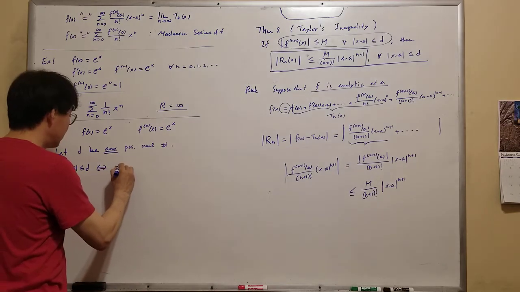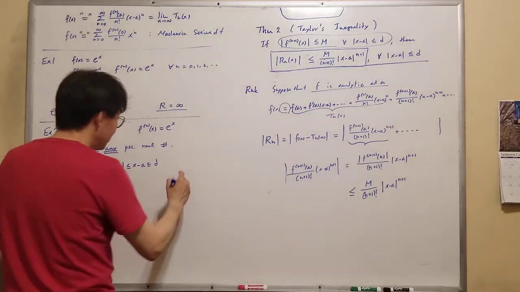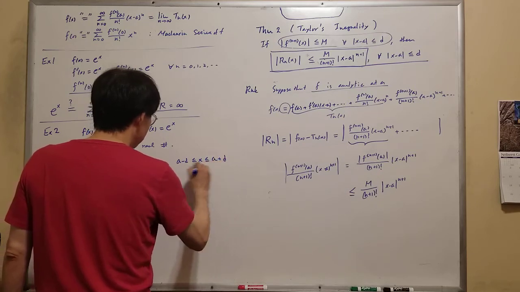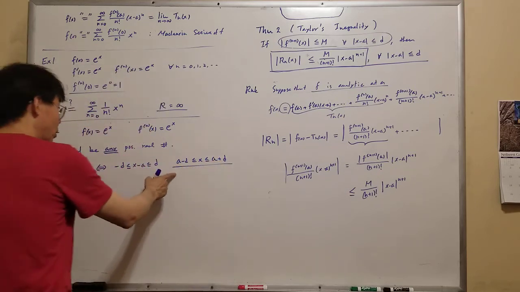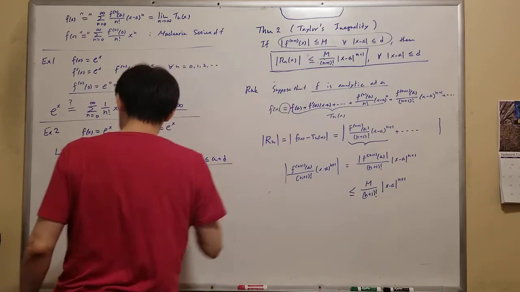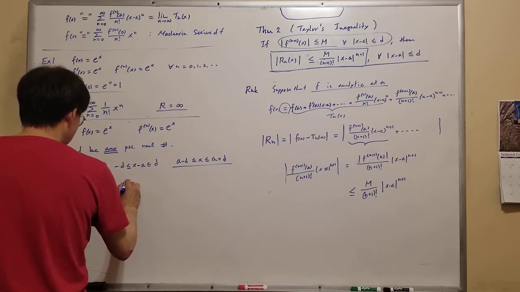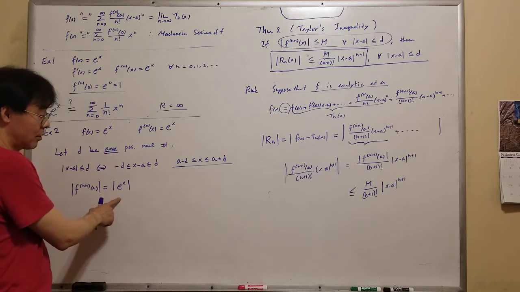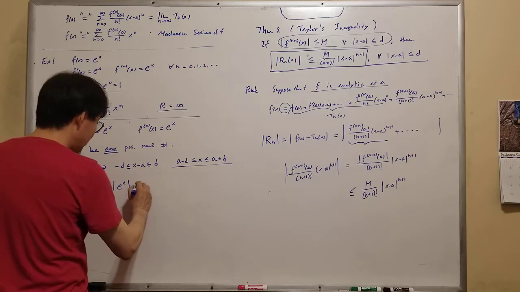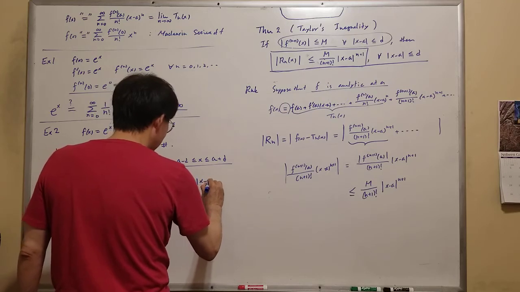It means x is between a minus d and a plus d. For those x, for f of n plus 1, I want to find the corresponding capital M. That is just e to the x, always e to the x. This is an increasing function, so for all such x, it is less than or equal to e to the a plus d.